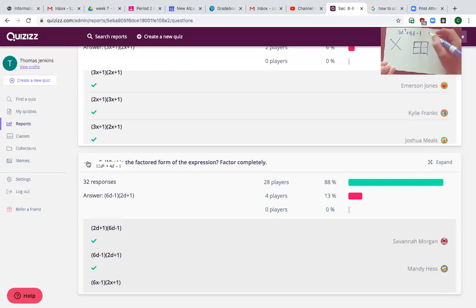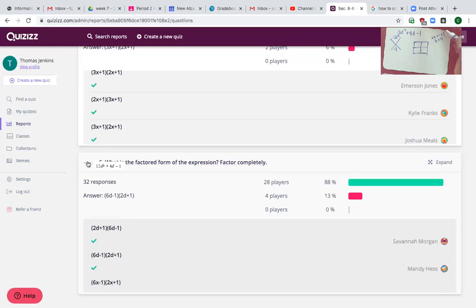We still have to think. So what goes here is 12d squared, and what goes here is minus 1. And then this is where we're thinking, okay, so a times c is negative 12. That's negative 1 times 12. And then b equals 4.